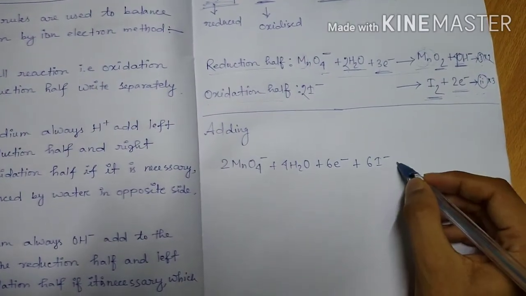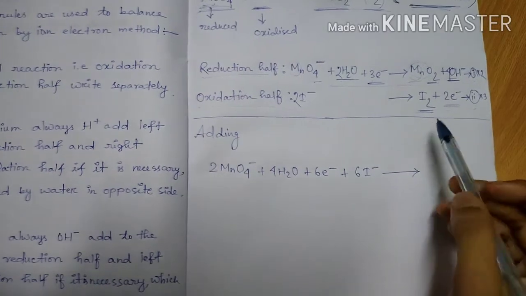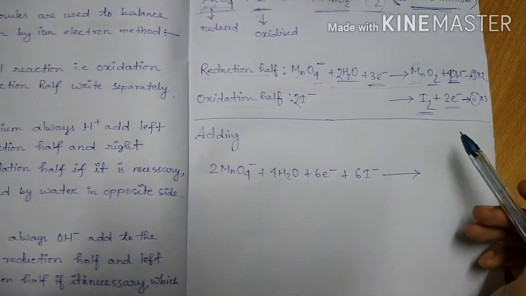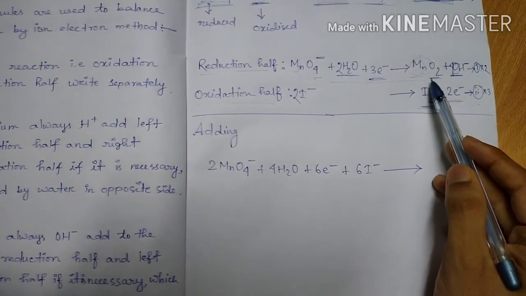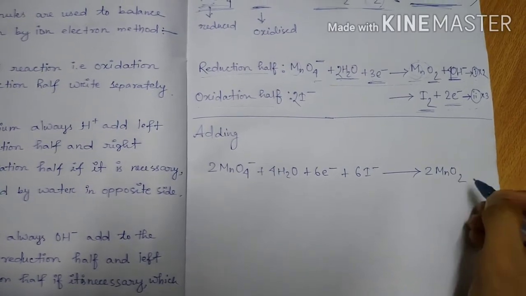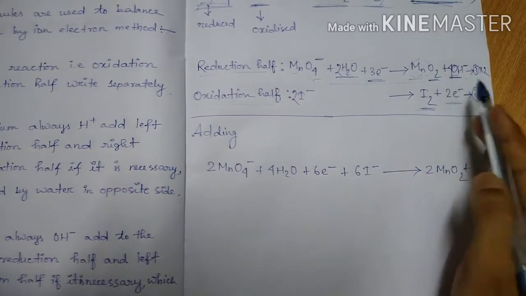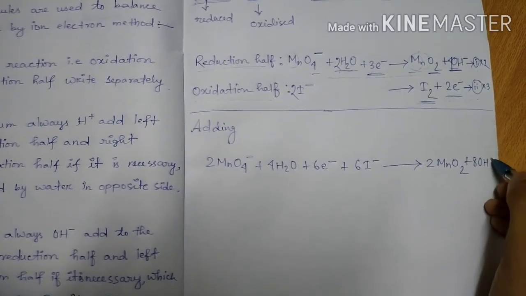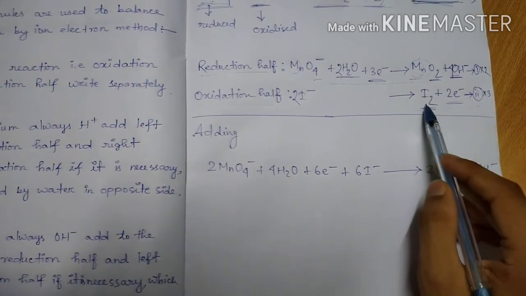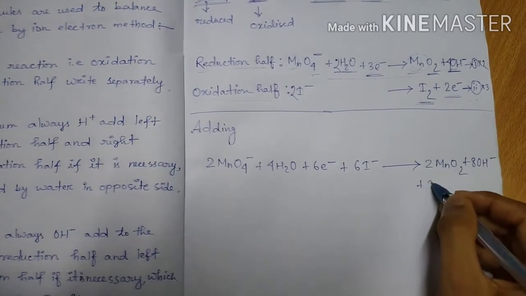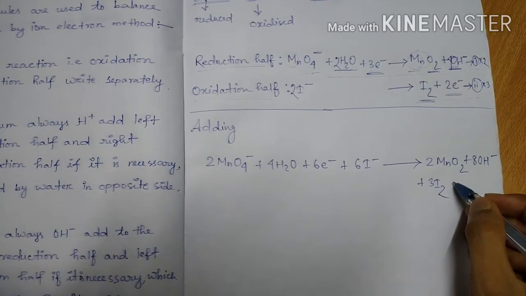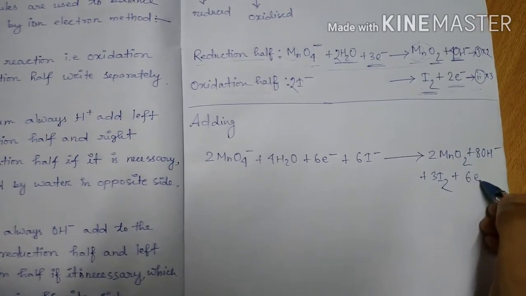Now we have to write the right side of both these half cells. So this will become 2MnO2 plus 8OH negative, and this will become plus 3I2, and plus 6 electrons.